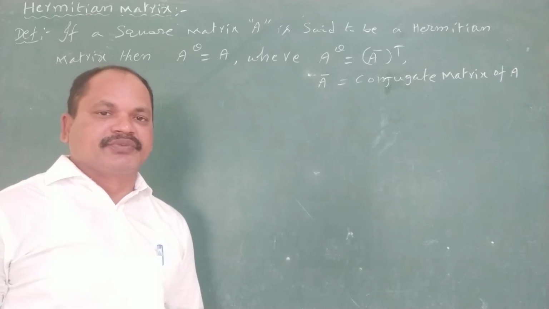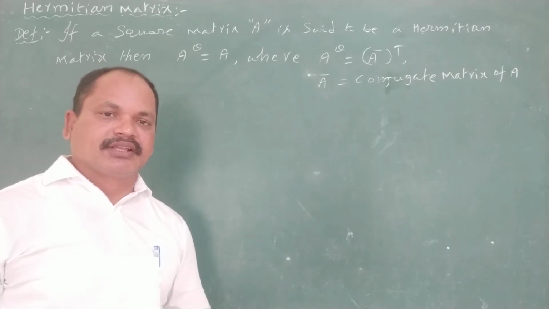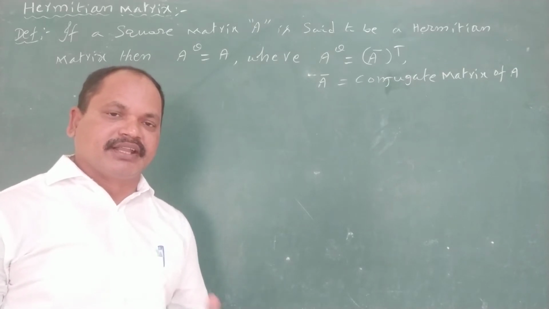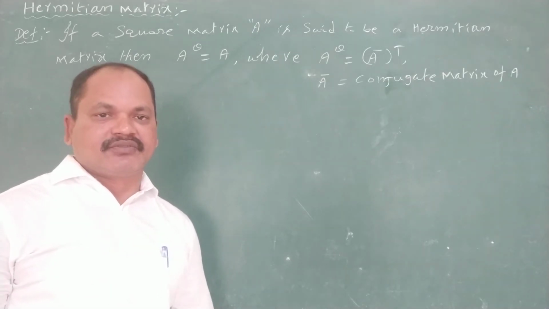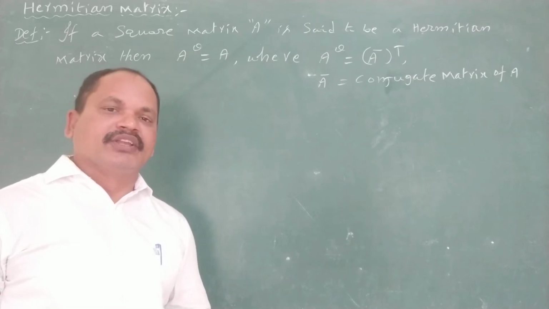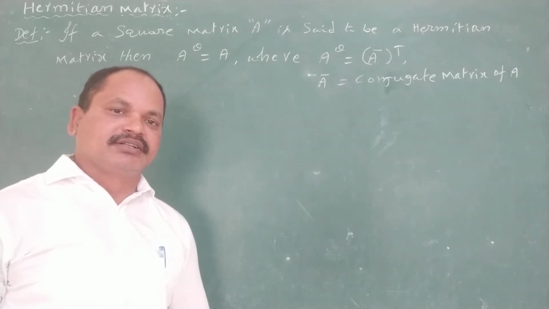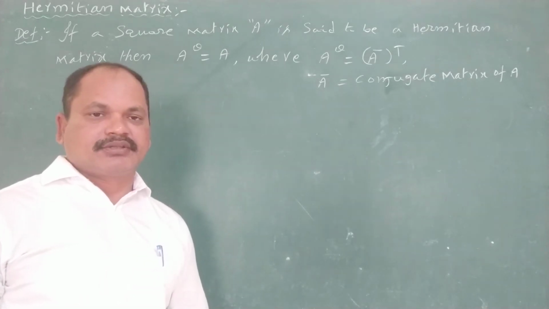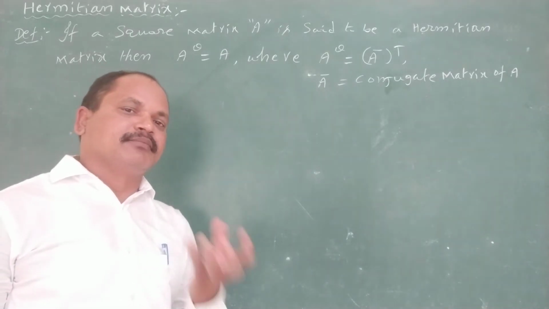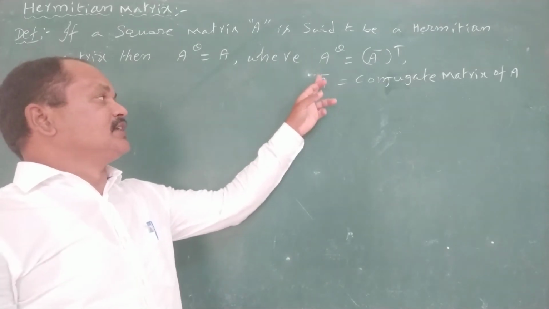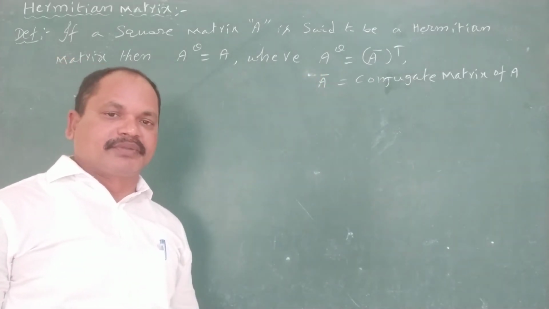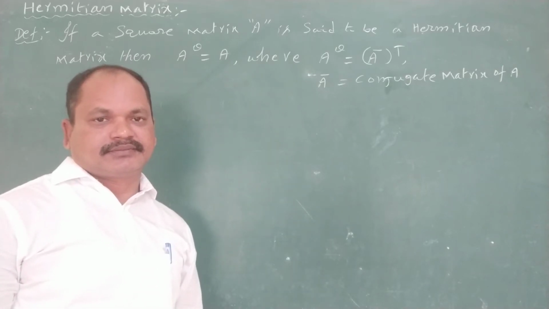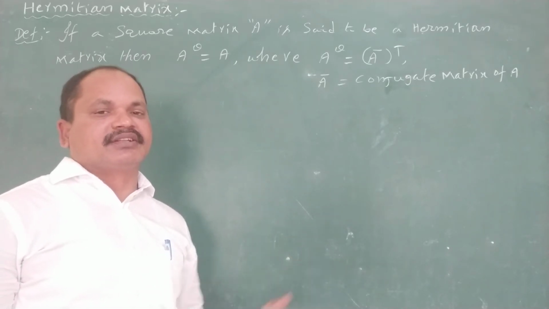If a square matrix, capital A, is said to be a Hermitian matrix, then A power theta is equal to A, where A power theta is nothing but the conjugate of A transpose. The symbol of conjugate, that is A bar, represents the conjugate matrix of A. Right? This is the definition.